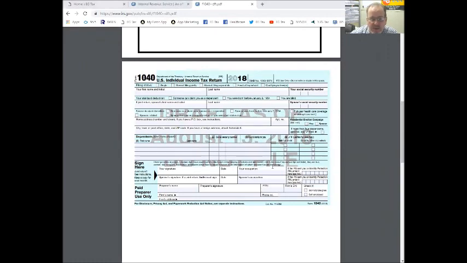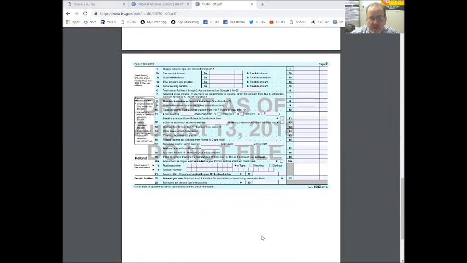This is the front of the postcard, and this is the back of the postcard. Really all they've done is take parts out of the return. In some of the next few chapters we're going to be talking about, they've created what they call Schedules 1 through 5.